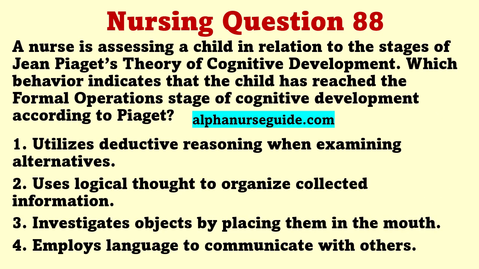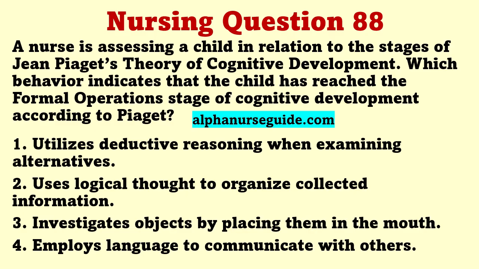A nurse is assessing a child in relation to the stages of Jean Piaget's theory of cognitive development. Which behavior indicates that the child has reached the formal operation stage of cognitive development according to Piaget? 1. Utilizes deductive reasoning when examining alternatives. 2. Uses logical thought to organize collected information. 3.